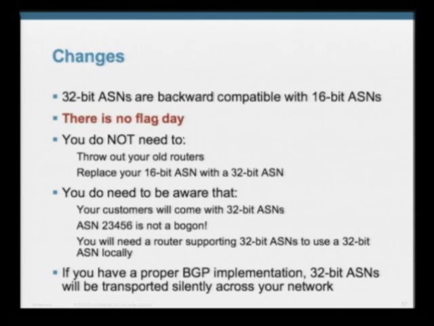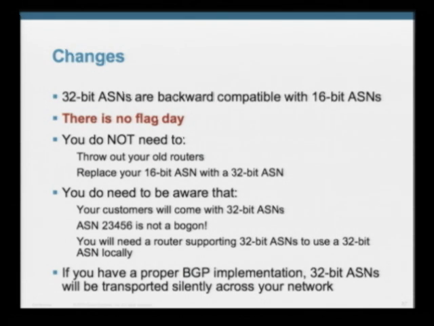Also, if you want to support 32-bit AS numbers, in other words, configure it on your router, you'll actually need a router that has software that will let you do that. We'll come to this. If your BGP implementation is okay, 32-bit ASNs will be silently transported across your backbone. I mean, if you look at it, 32-bit ASNs have been used since, what, mid-2006?